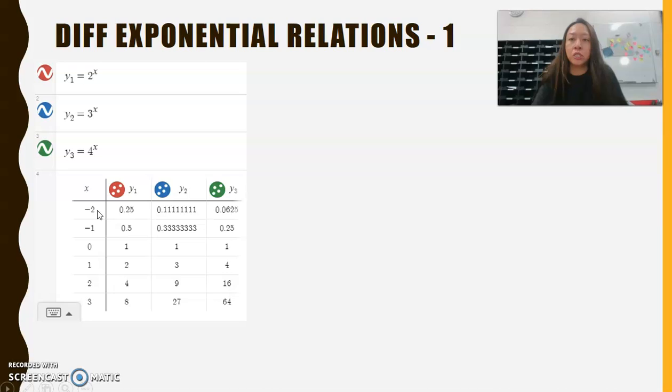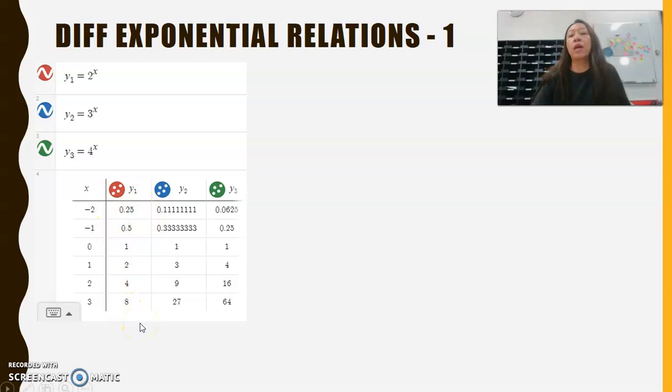I have just selected a very simple range of x values, which is -2, -1, 0, 1, 2, and 3. What happens when we substitute this set of x values into the first equation? We will get the corresponding y values as below.